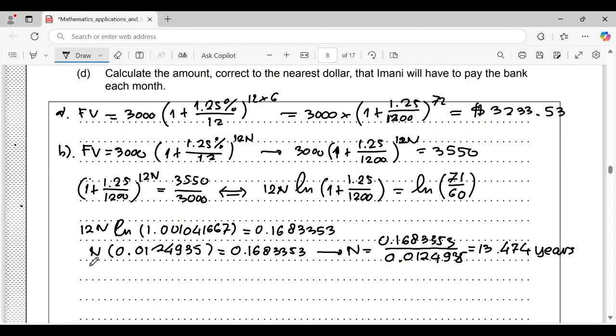And we are going to convert years into months. It means we have to calculate 12 times n in months. So n equals 161.69. Rounded off, it becomes 162 months.